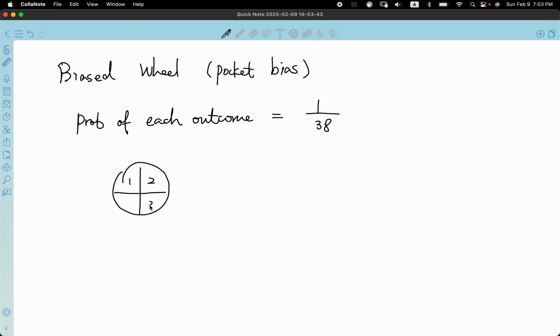Let's call them 1, 2, 3, and 4. So this roulette has 4 pockets here. Then the ball landing on one of the 4 numbers will have a probability of 1 over 4. This is also the case where we assume that everything is equally probable. So it's just 1 divided by the number of pockets.